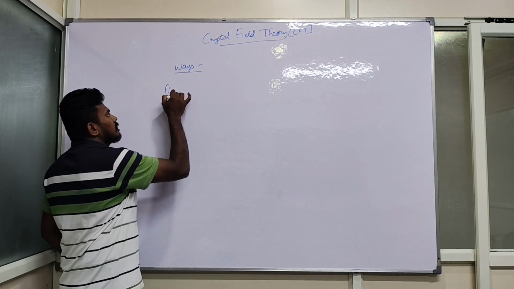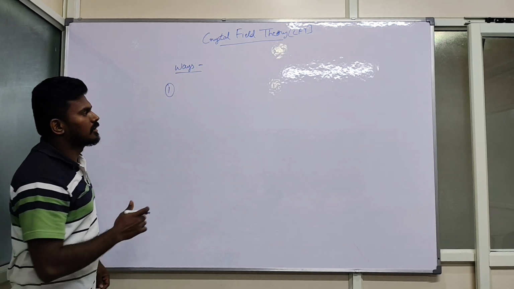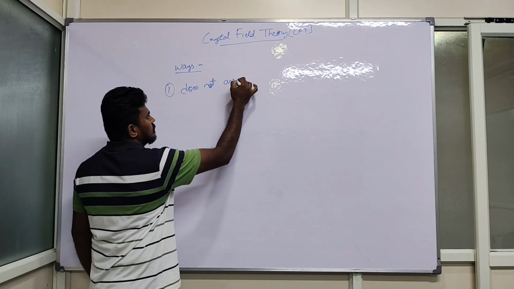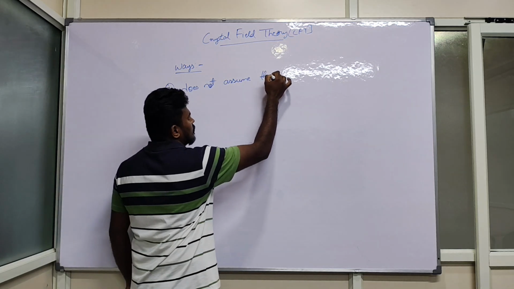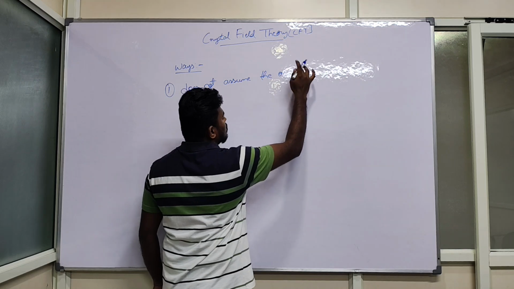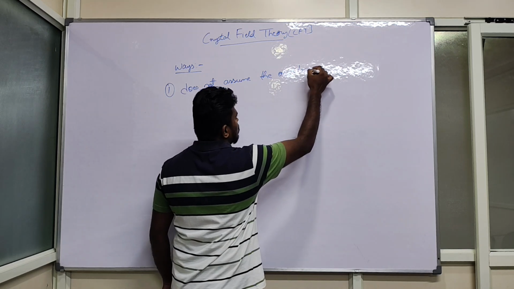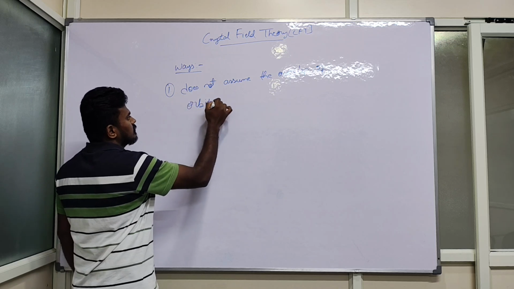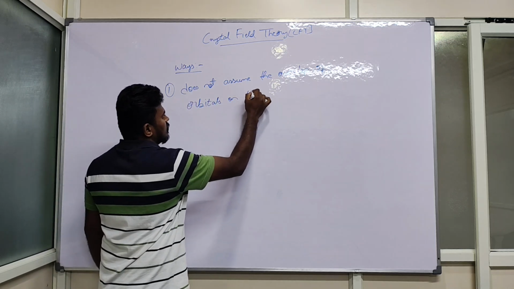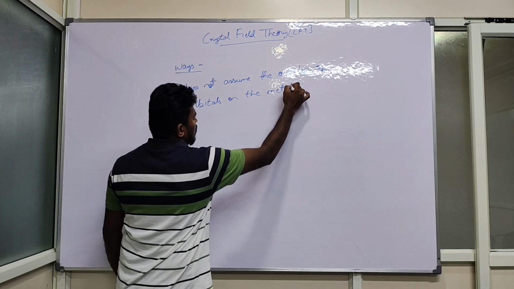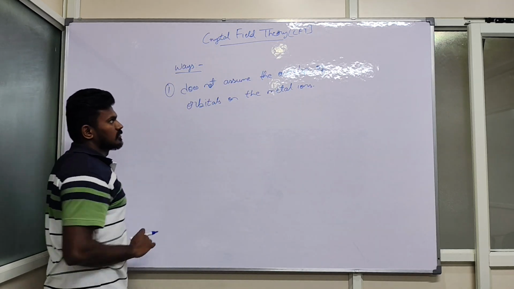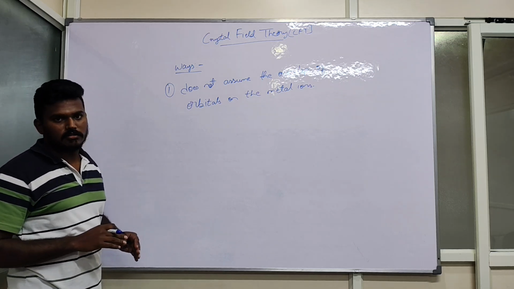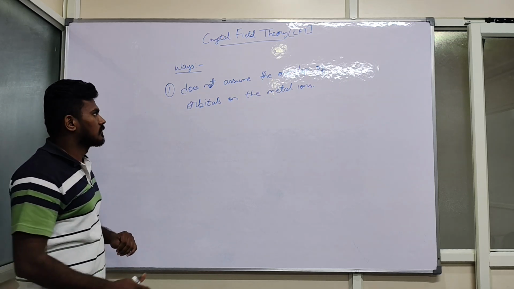The first thing is it does not assume the overlap of orbitals on the metal ions. So it doesn't assume the overlap of any orbitals of the metals with the ligands.